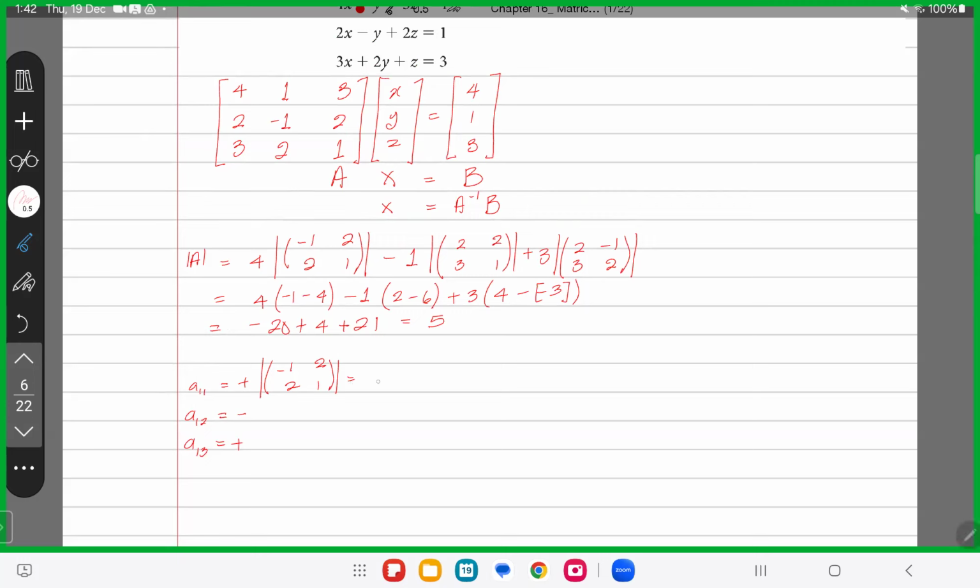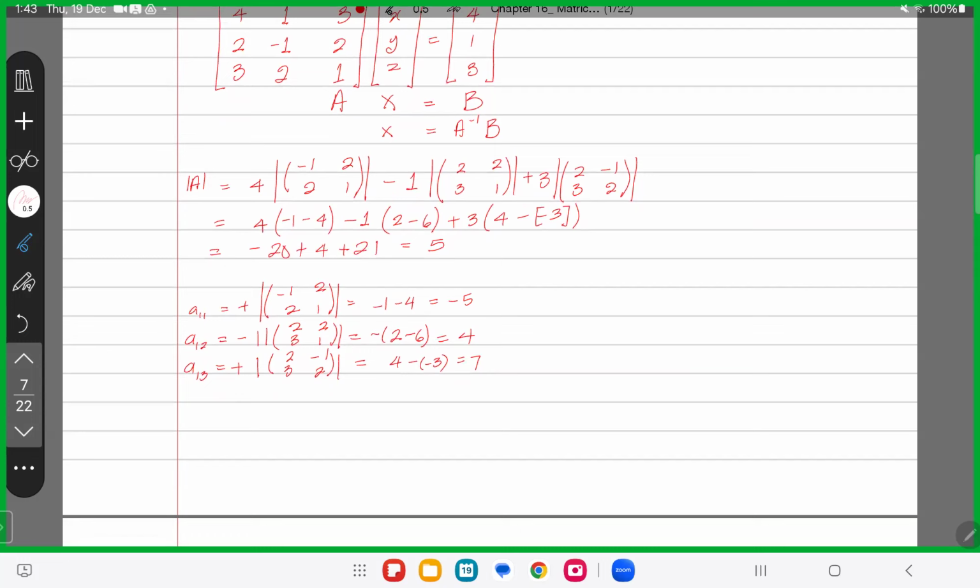This becomes -1 - 4, which is -5. Next, minus the determinant of 2, 3, 2, 1, which is -2 - 6... Then for 2, 3, -1, 2, this is 4 + 3, which is 7.